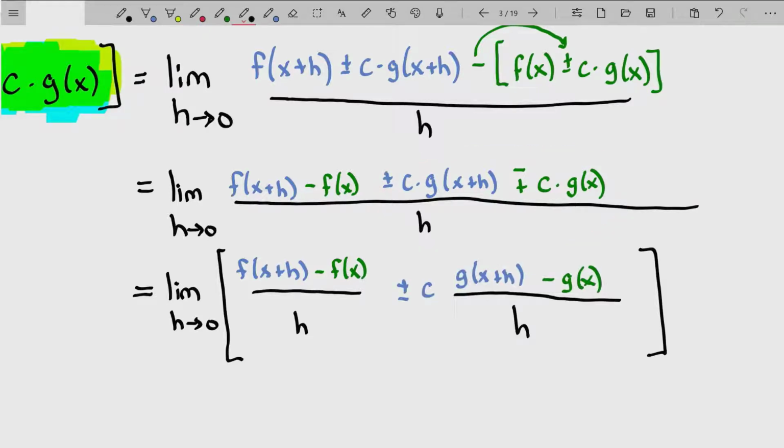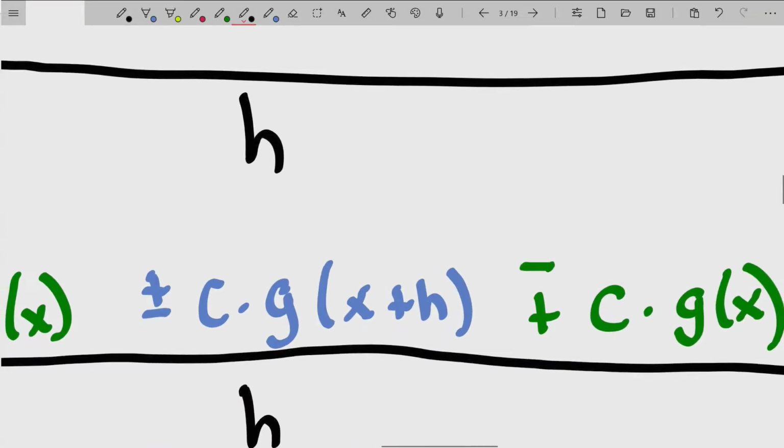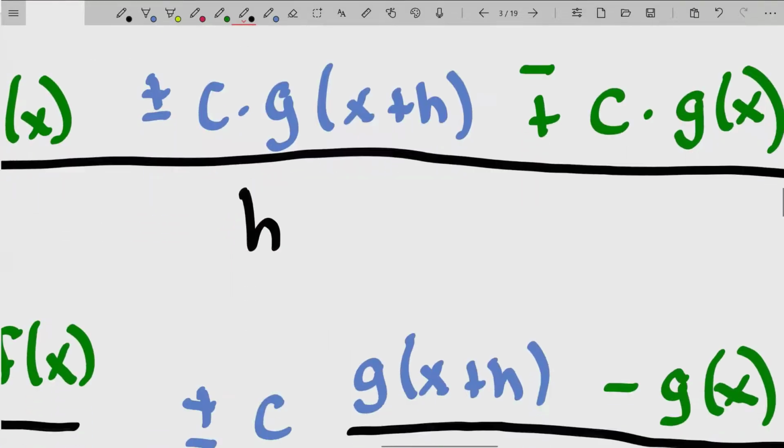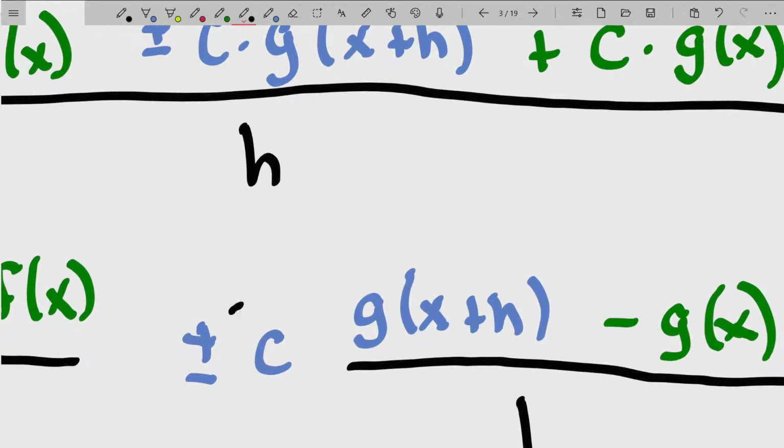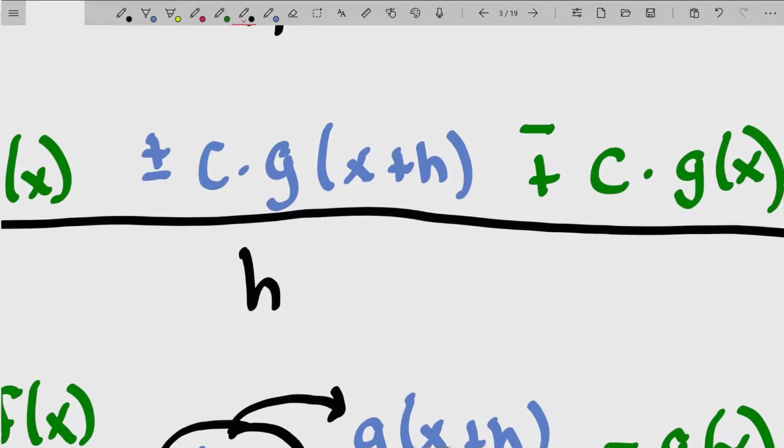Now here's where people get confused, because I do my proof all at once rather than in little parts. I want to convince you that this is correct. So let me just showcase. Look at the step we were at previously: we had a blue plus minus and a green minus plus, right? If you were to take where we're at now, where we factored off this piece right here, and distribute it here, you would get a plus or minus c g of x plus h, which is exactly what we have right here.